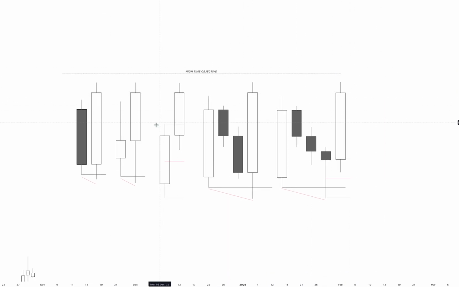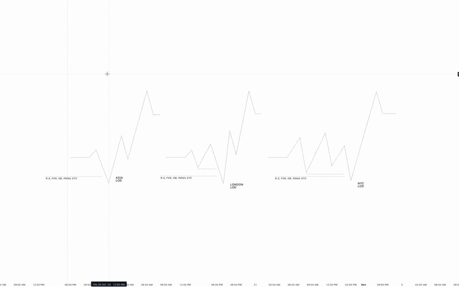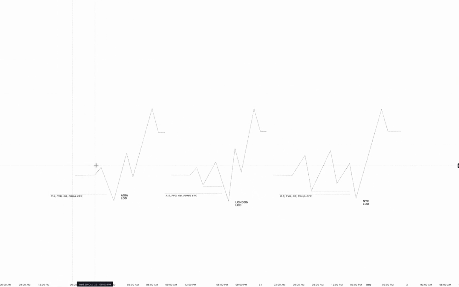In the development of these candles, I look for three specific profiles that I like to trade. Number one, and my least favorite, is Asia low. So I want the daily candle to open.